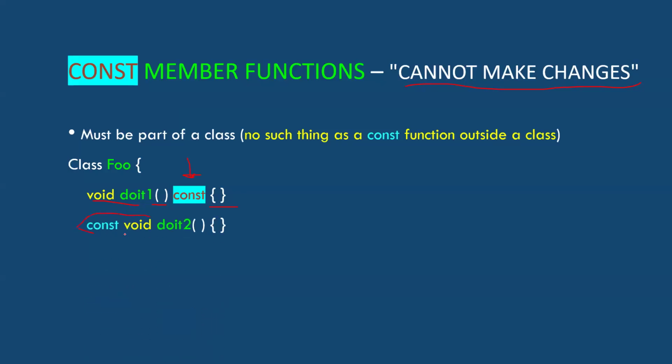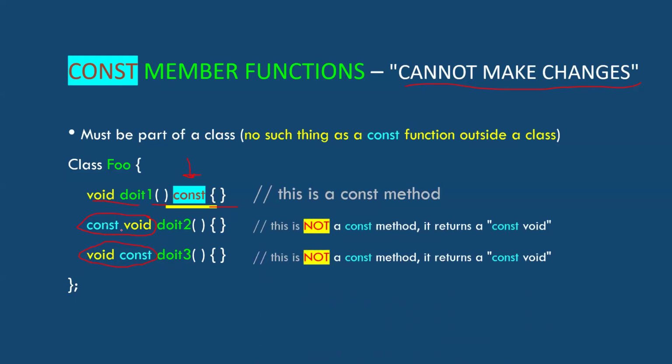Not this way, this is kind of useless. A const void is a return value, right? So I need the const to be over there. And this isn't very helpful either. That's just still a const void. We just moved it to the wrong side of the void.